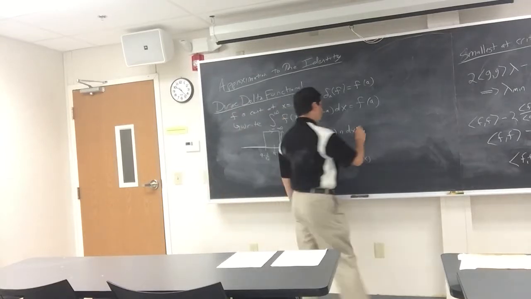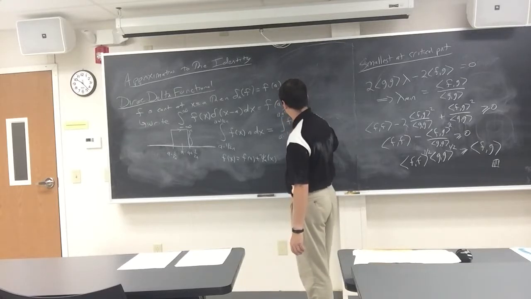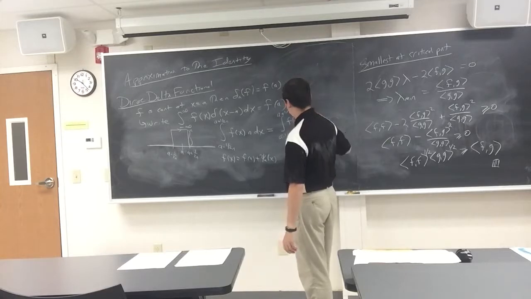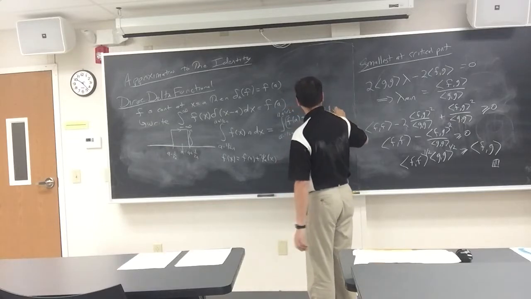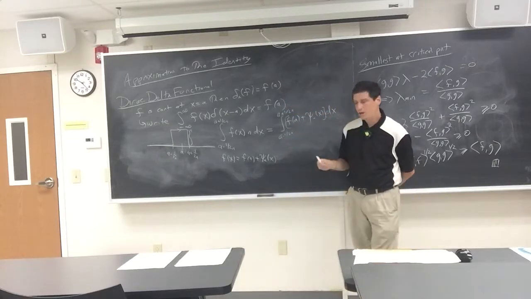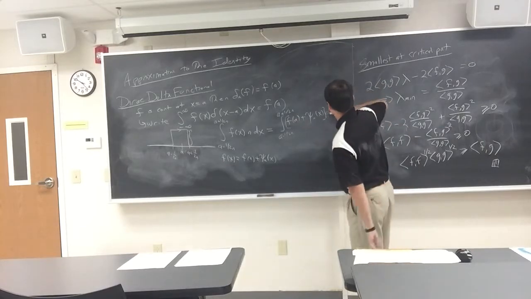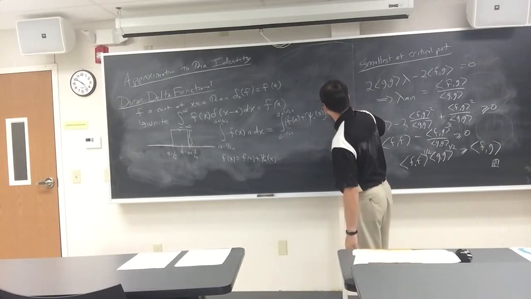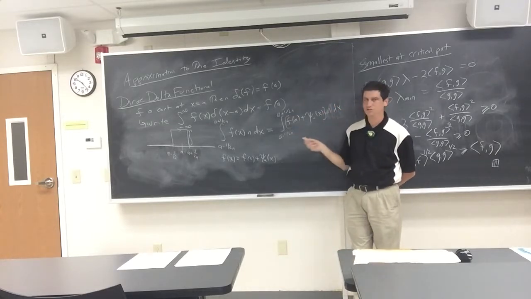So this would be equal to the integral from a minus 1 over 2n to a plus 1 over 2n of f of a plus c a of x, times n, dx. All right, so now we have 2 integrals. What's the integral of f of a times n dx in this region?